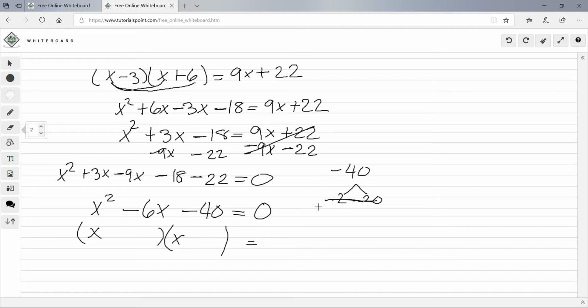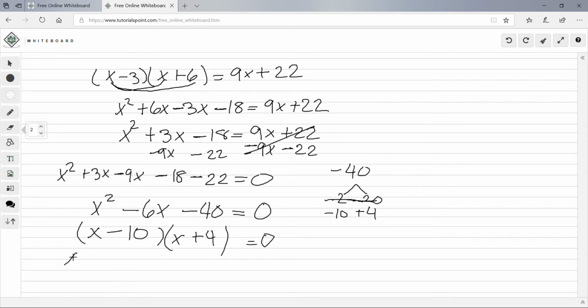So let's try negative 10 and positive 4. Negative 10 times 4 is negative 40, and when you add those, negative 10 plus 4 gives you negative 6. So yes, we can use negative 10 and positive 4. Should equal 0. And then you get two answers, right?